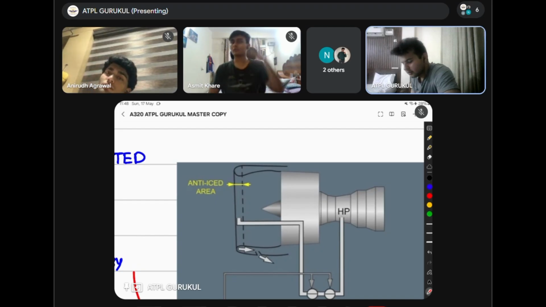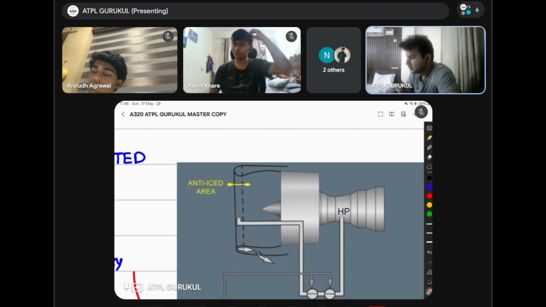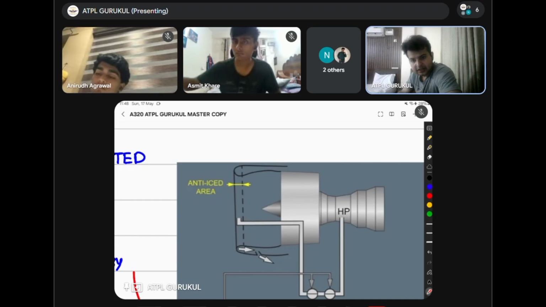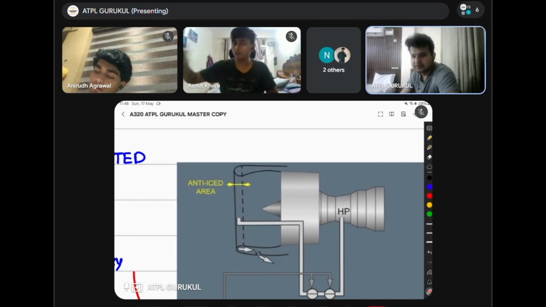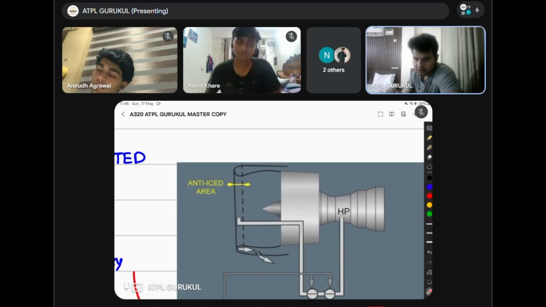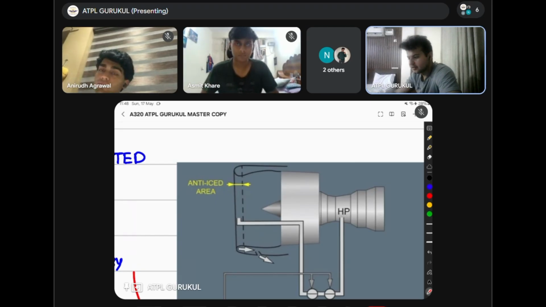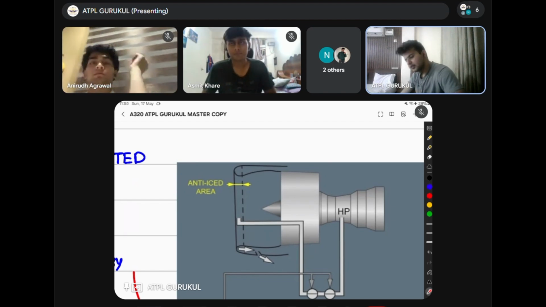Now, the same bleed air which supplies the air conditioning packs is supplied to the wing anti-ice. Correct? Engine anti-ice is not so. Engine anti-ice has its own separate tapping from the HP valve.